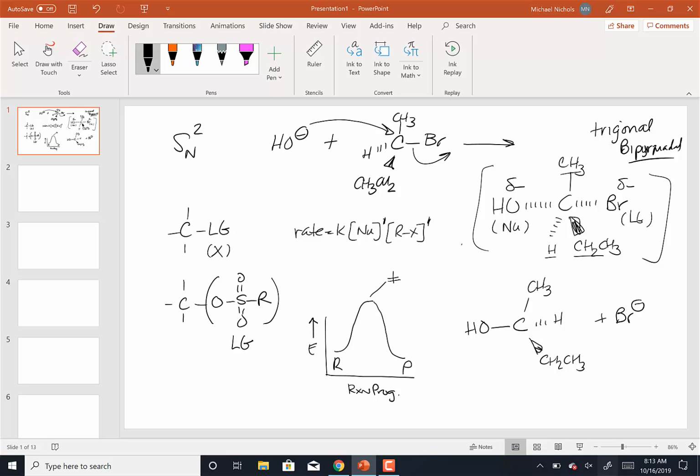And then overall, when you add the exponents, overall that reaction would be what we would call second order, which means that in the slowest step of the mechanism, two molecules are colliding. That's what a second order reaction means. And what are the two molecules that are colliding? The nucleophile and the alkyl halide. So that's where the second order comes from.